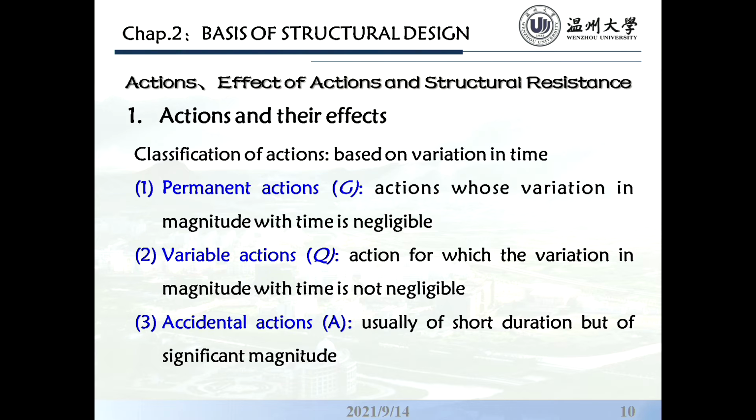Sometimes it's unnecessary, so here we will use some partial factors in the structure design. Accident actions are definitely like that. If we consider this really significant magnitude, it will be a waste. Okay, you get my point?